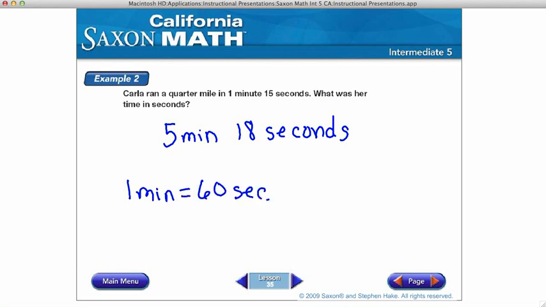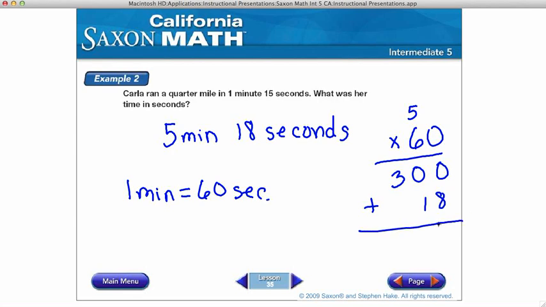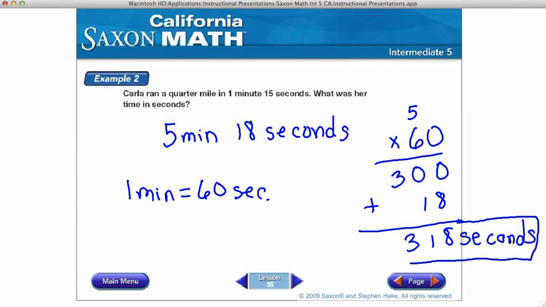So I'm going to take that 5 minutes and multiply it by 60. 60 times 5, and I have 300 seconds. Then I take this 18 seconds and add that on. So Carla ran 1 mile in 318 seconds, which is equivalent to 5 minutes and 18 seconds.